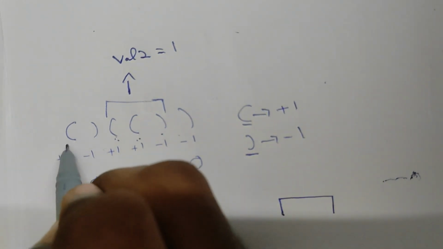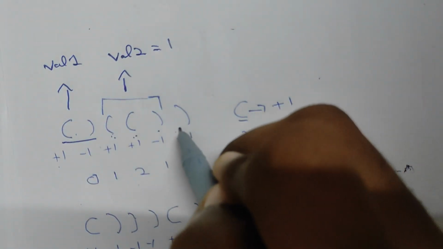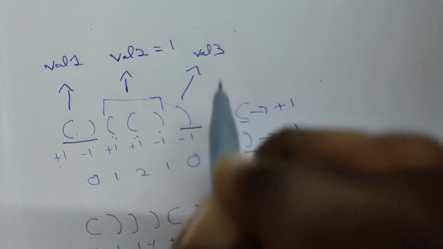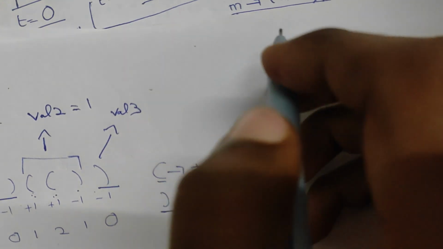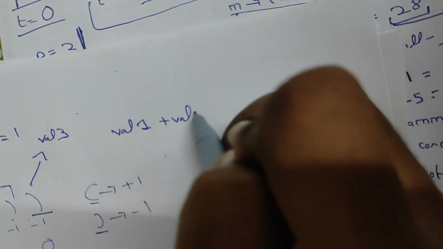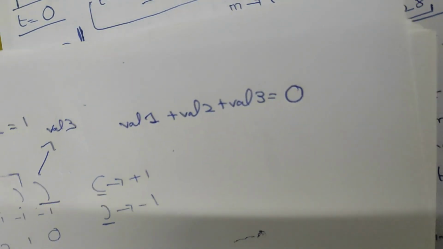And suppose the value before the substring is value 1, and the value after the substring is value 3. According to our regular bracket sequence condition, value 1 plus value 2 plus value 3 should be equal to 0.